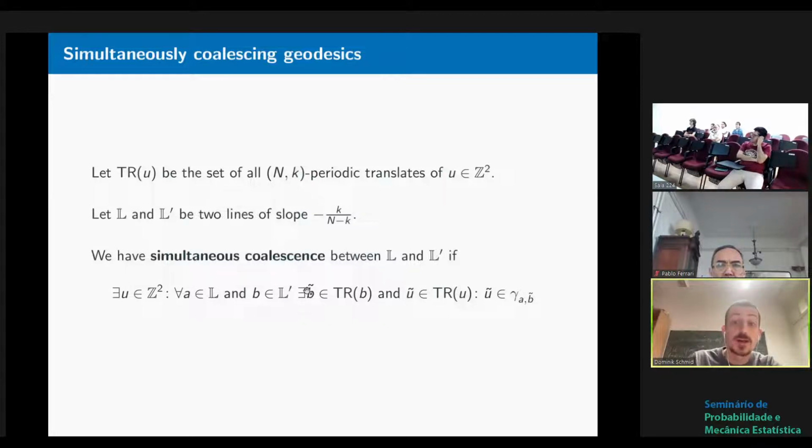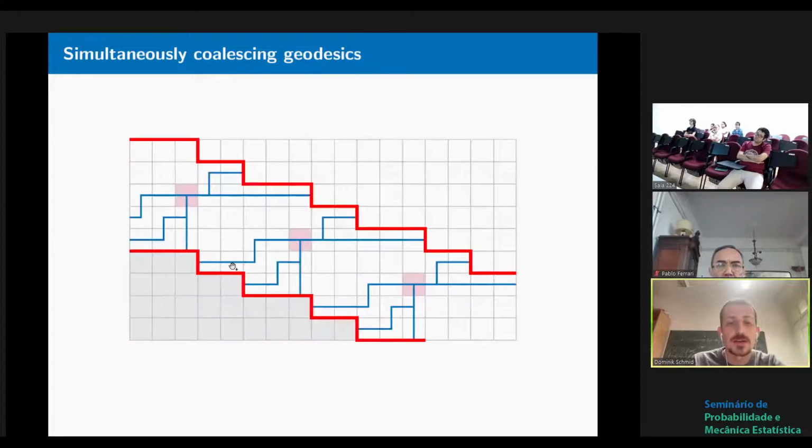This last definition is maybe a bit hard to grasp, so let me illustrate by a picture what I mean by that. I want to say that no matter where I start, here on the red interface, and I look at the geodesic to some point on this other line here, the upper red interface, which will be my line L prime, then I find cells, here marked in red, such that any geodesic must pass through them.